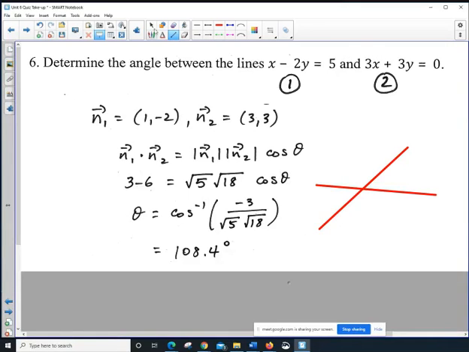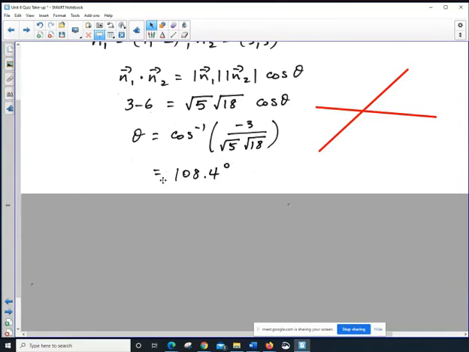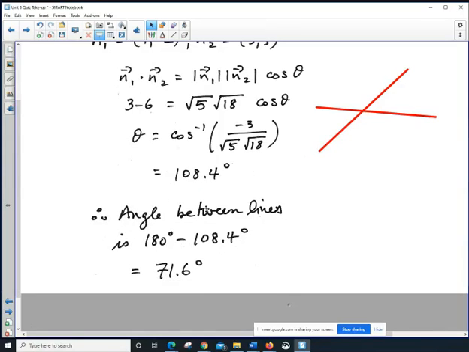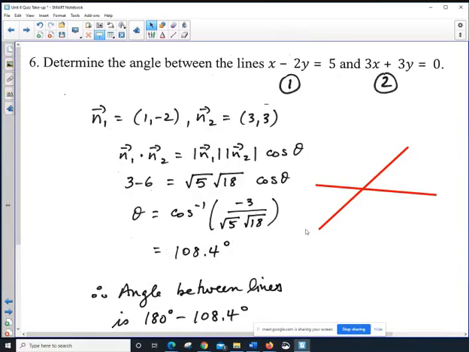So if you do end up coming up with an obtuse angle, what technically represents the angle between the lines is the supplementary angle, okay? So I'd have to subtract from 180 to get what we officially refer to as the angle between these two lines. All right? So are there any last questions on any of these problems?